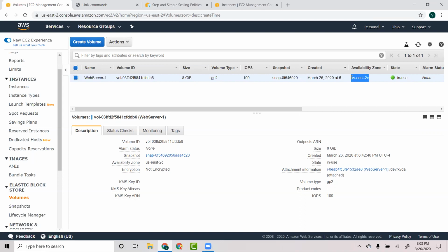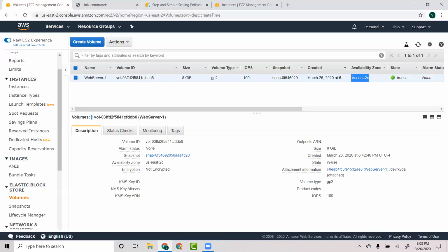Let me repeat it. If an EC2 instance is in US East 2C, your EBS volume can only be in US East 2C. It has to be in the same availability zone. Your compute resource, like your CPU, and your hard disk must be in the same availability zone.